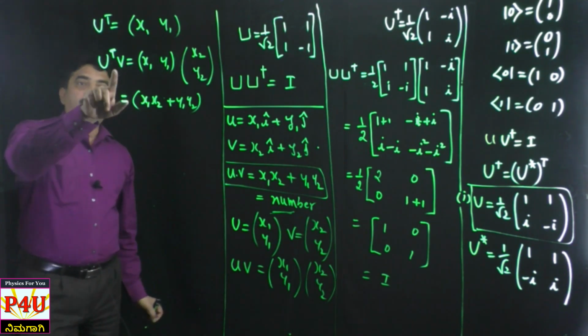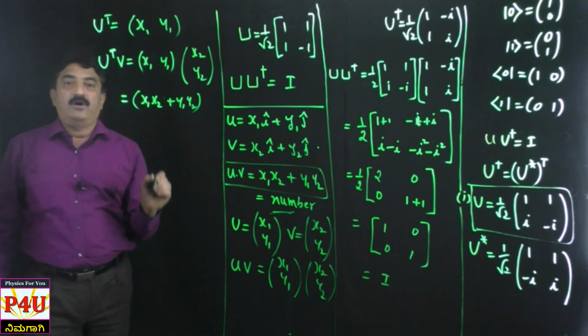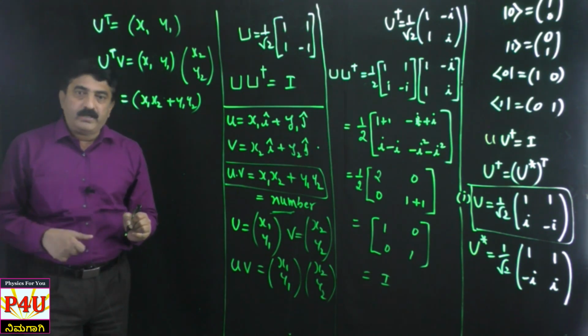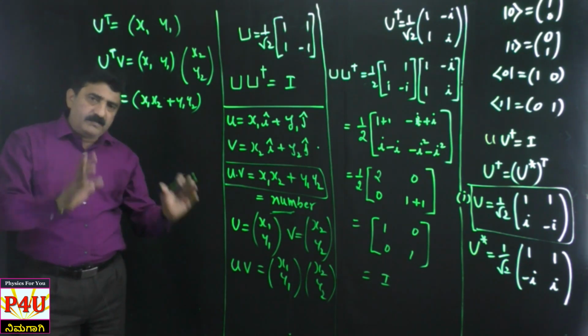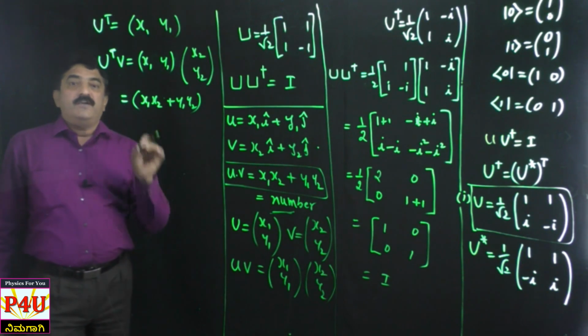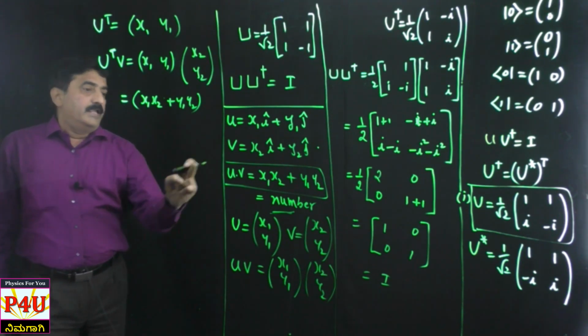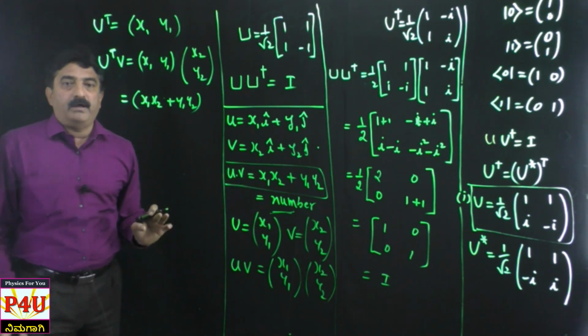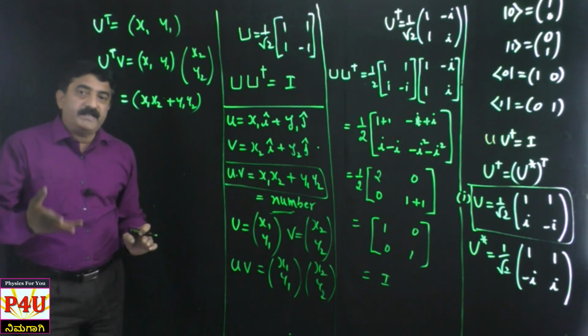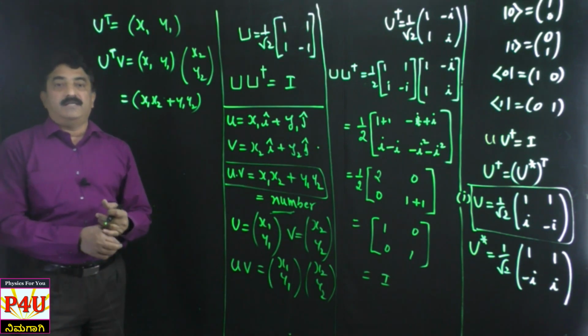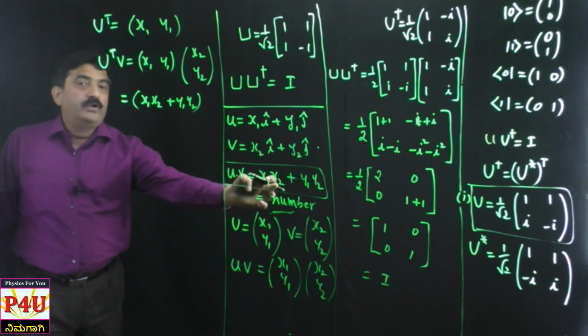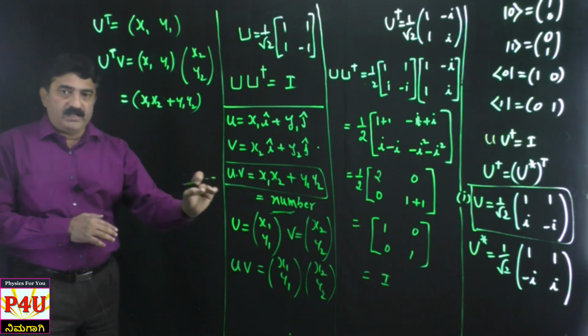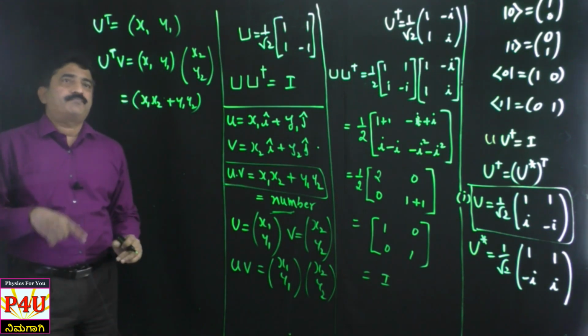This dot product, if you write in this form, is going to be called an inner product. So inner product is nothing but the dot product only. If the vector space is real, the inner product is going to give you a number. Suppose the vector space has complex numbers, definitely you are going to get a complex number. I will come to that a little later. Before that, back to this.